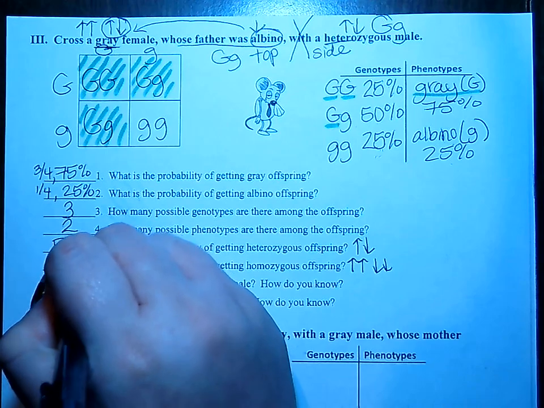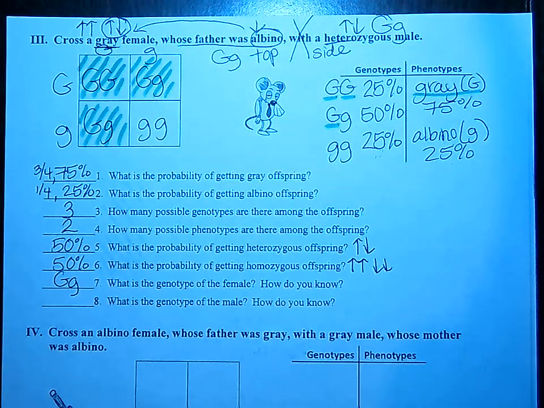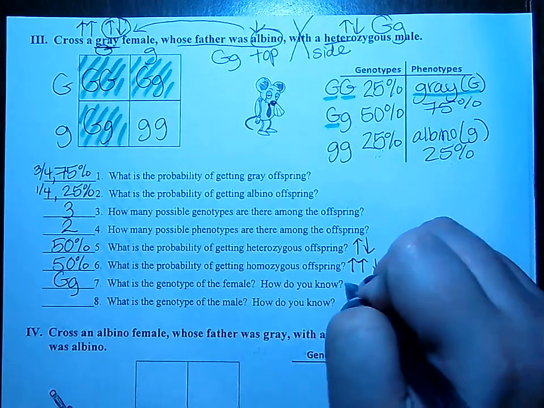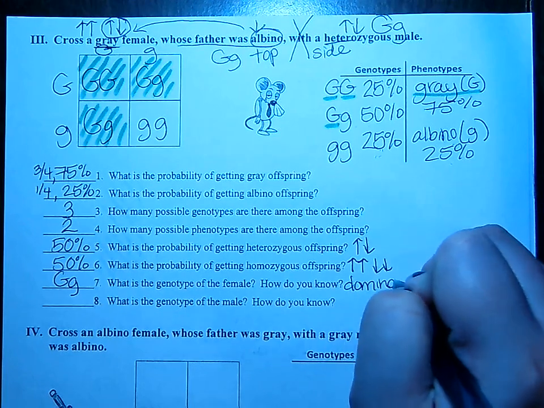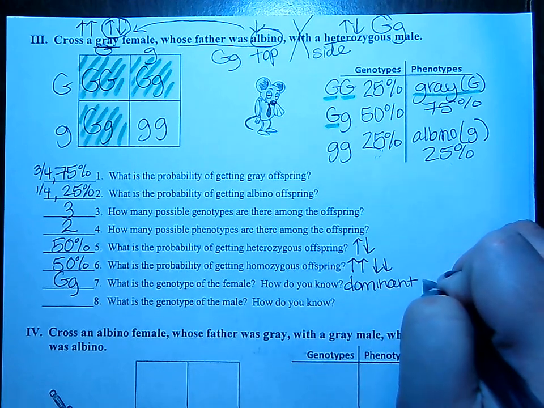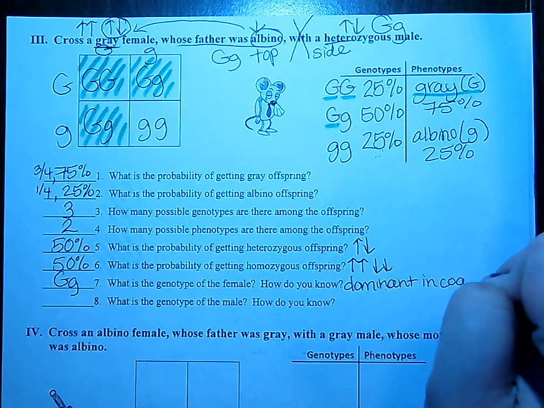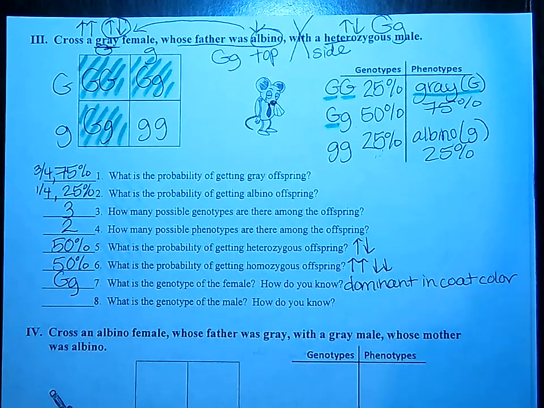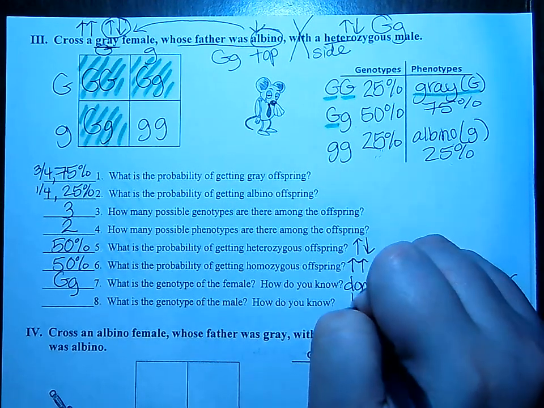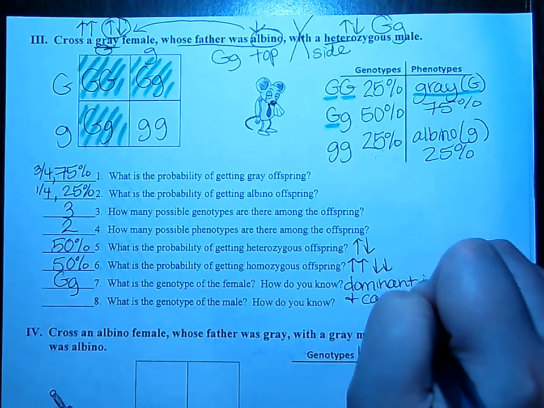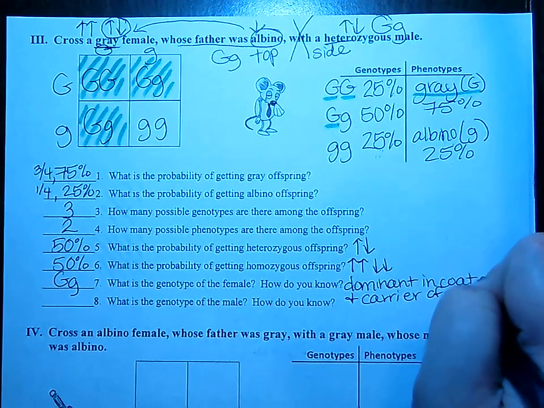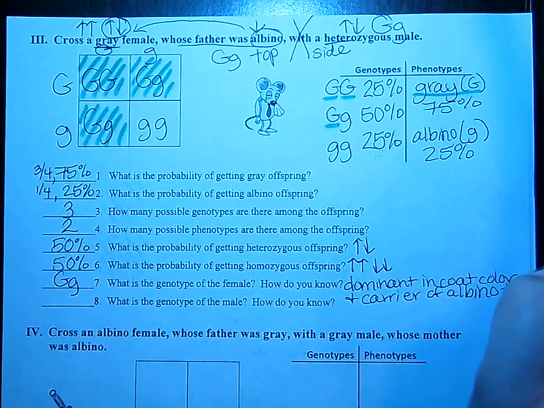So she was big little for genotype, which is the 2-letter combination. And you could write she's dominant in coat color and carrier of albino trait.